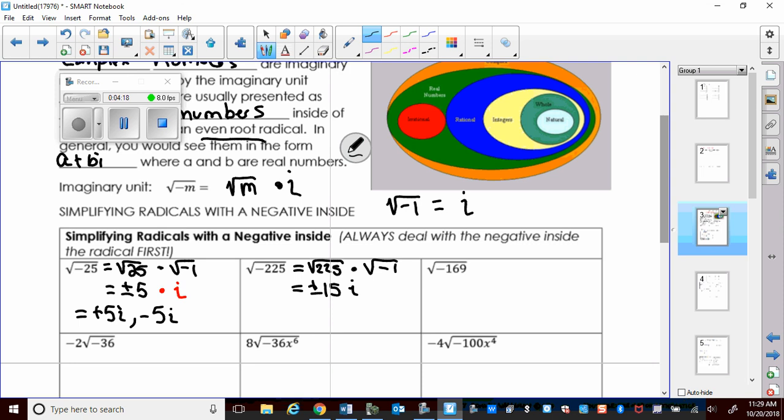So putting these together, my solutions are plus 15i and negative 15i. Okay? So keeping that in mind, let's do the next one. It equals the square root of 169 times the square root of negative 1. That gives me plus or minus 13 times i. Putting that together, I get plus 13i, comma, negative 13i.